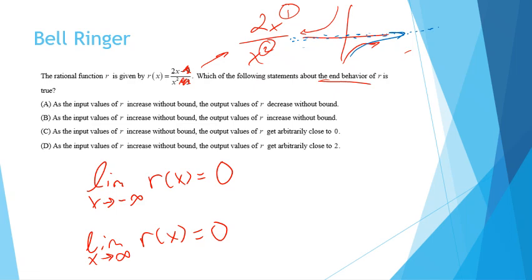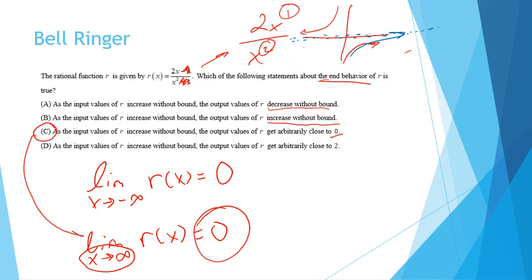As the input values of r increase without bound, that's going to be as x goes to positive infinity. Unfortunately, that's all of these, so it doesn't help us. The output values should not decrease or increase, but they should get arbitrarily close to not 2, but 0. So C is our answer, and it matches our right-hand limit statement there.